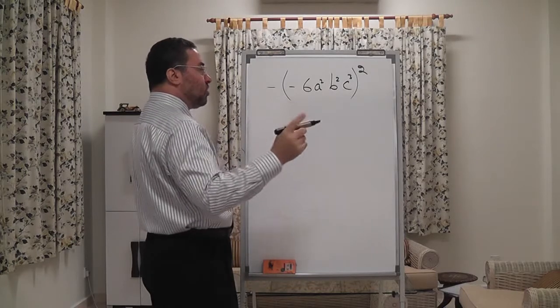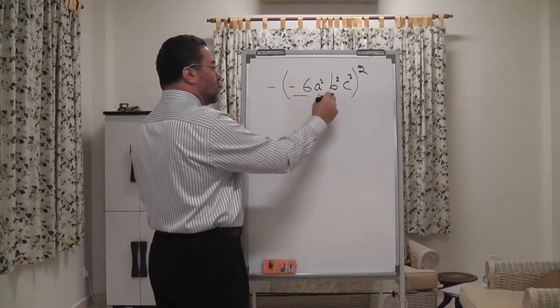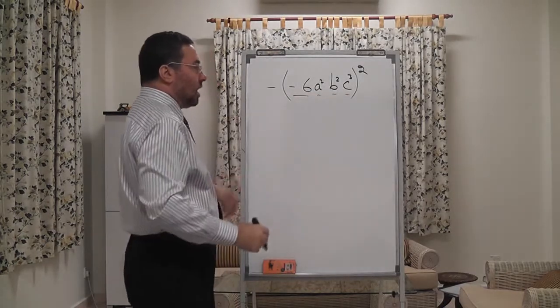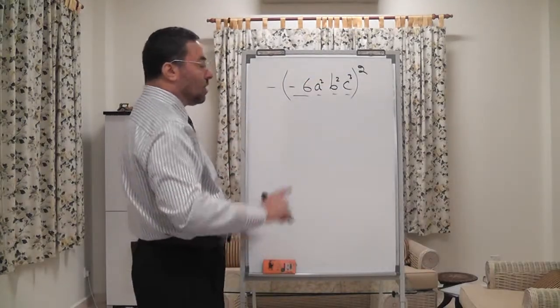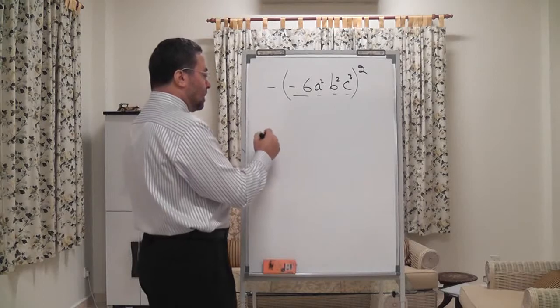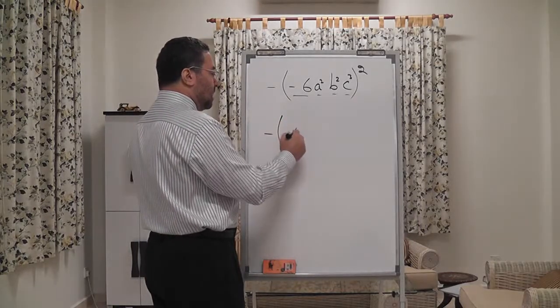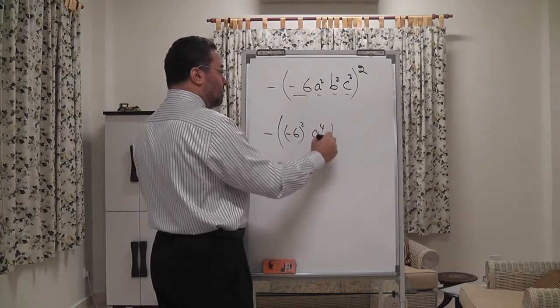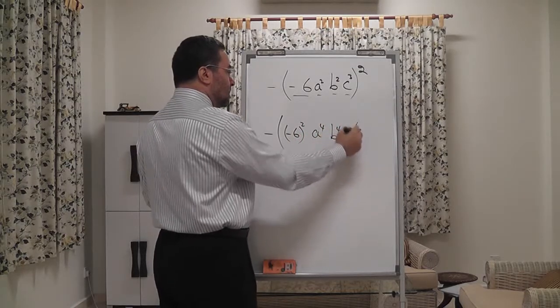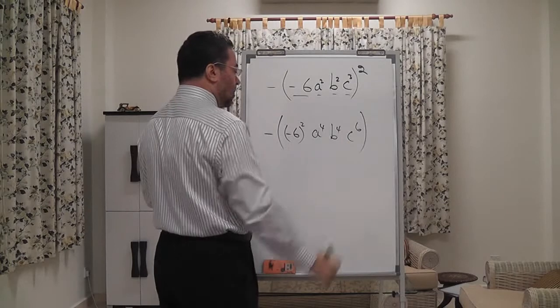Here we have 4 bases, 1, 2, 3, 4. And we are going to multiply the power of each with the whole power, so we get this: minus, 6 the whole thing squared, a to the 4th, b to the 4th, c raised to 6, and we close the parentheses.